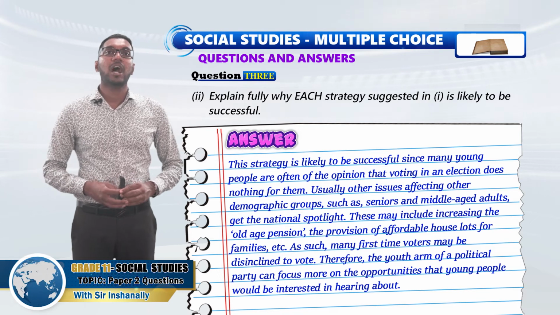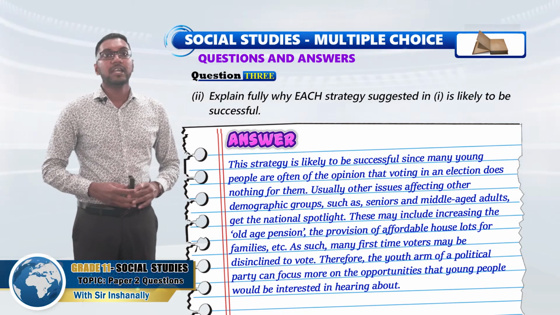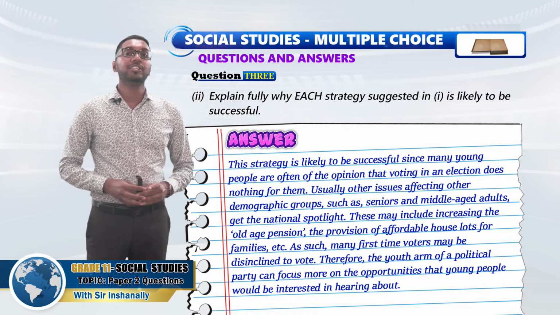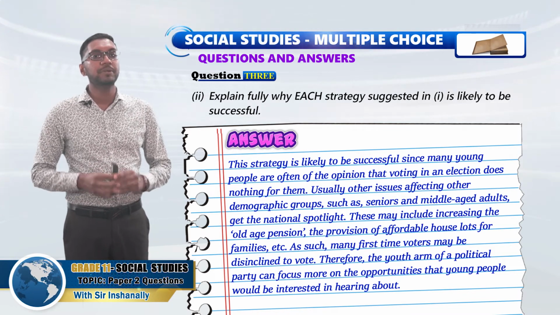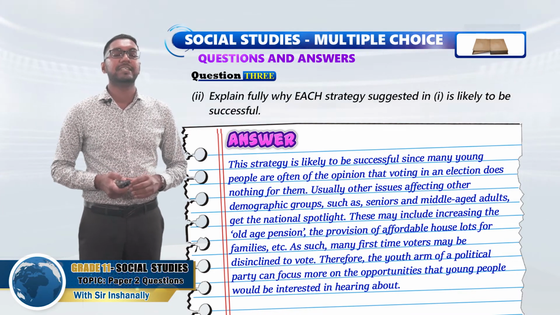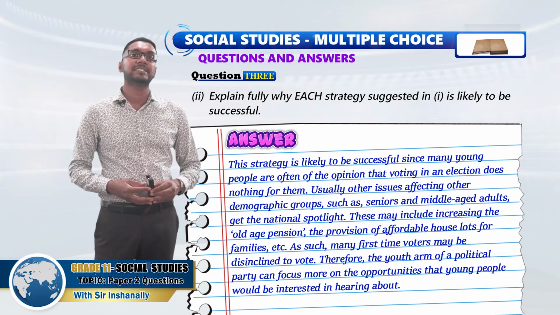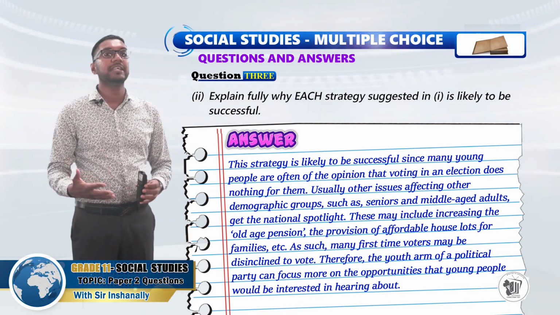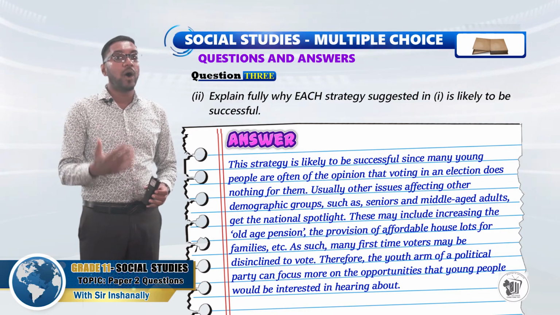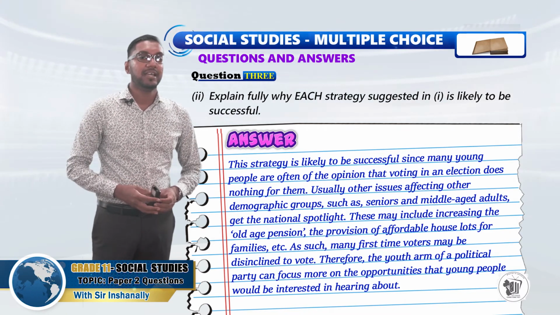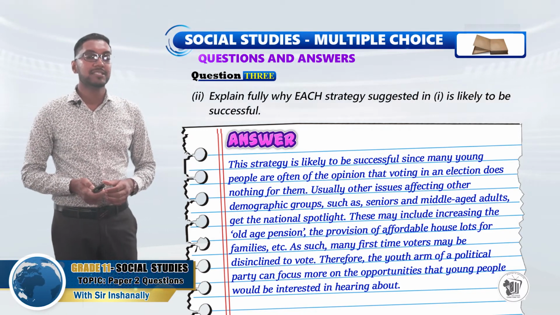Therefore, the youth arm of a political party can focus more on the opportunities that young people would be interested in hearing about. And there you have it, class. I have adequately explained fully why such a strategy is likely to be successful.